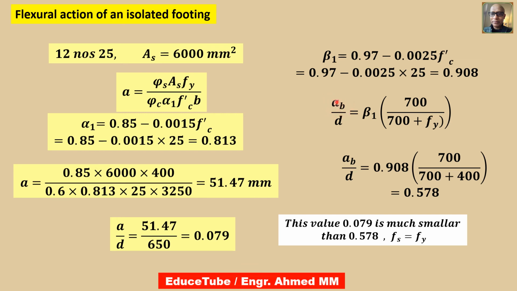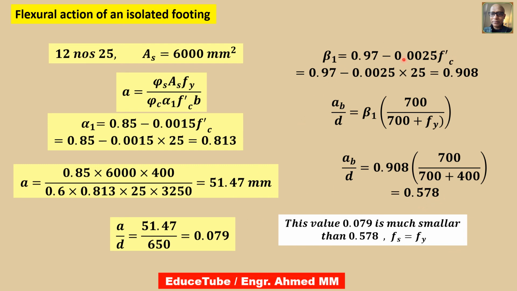That is why it is a sub b, balanced failure, divided by d. We have to use this formula as the code suggests. So ab by d, with 0.908 and this 700, this Fy 400, we got 0.578.